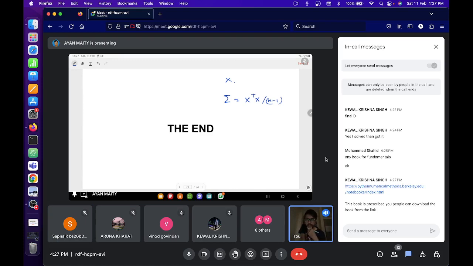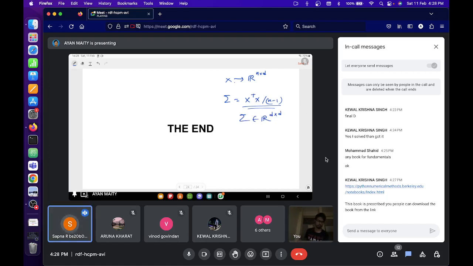This is standard: X is your data matrix, an n cross D matrix, where n is the number of data points and D is the number of features. Then the covariance matrix can be computed as X transpose X divided by n minus 1. So the covariance becomes a D cross D matrix, where D is the number of features.